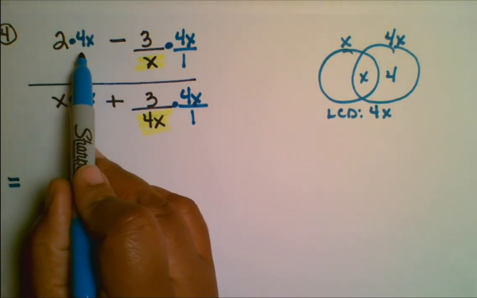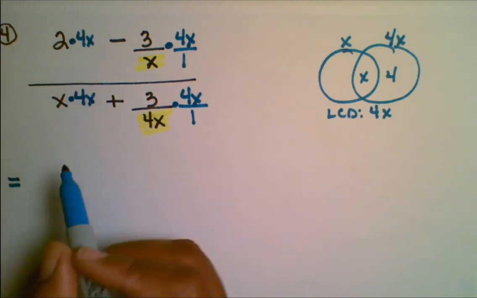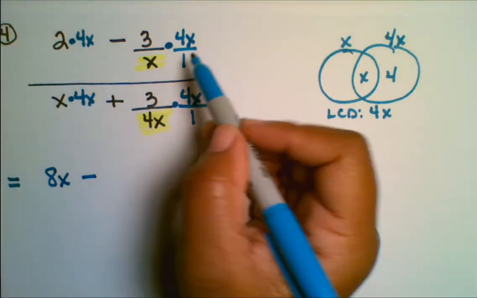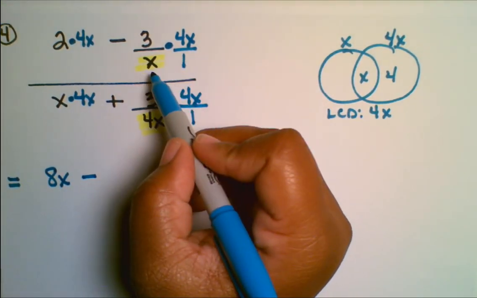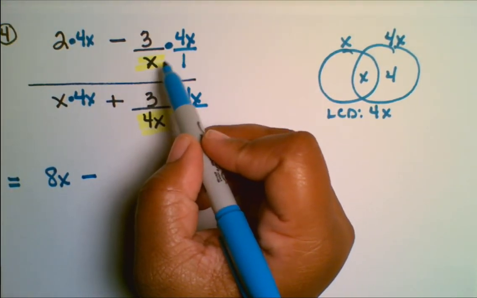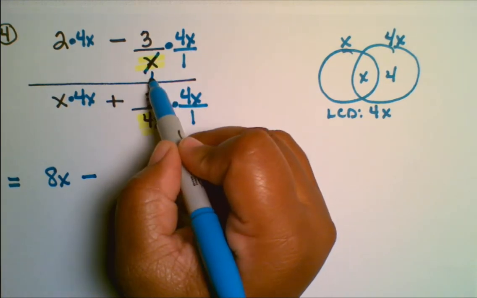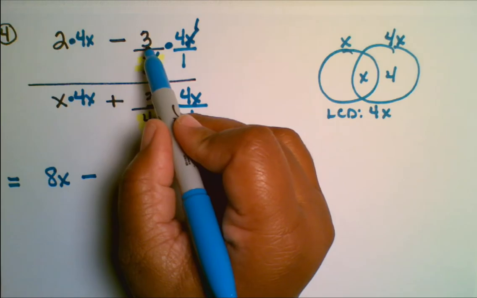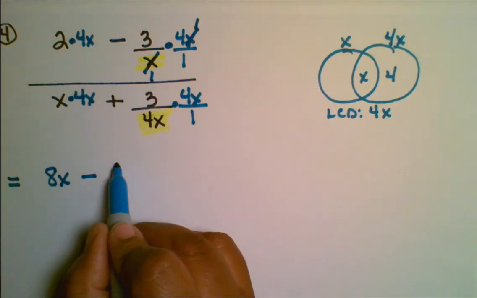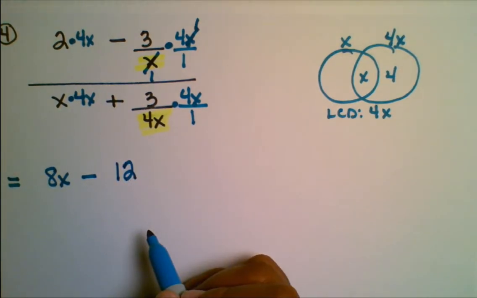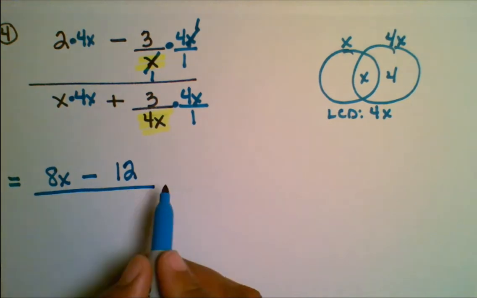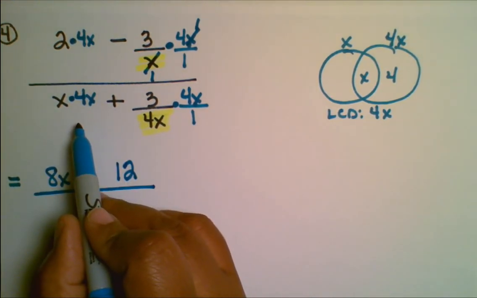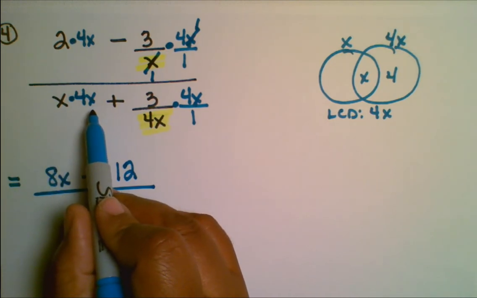So 2 times the 4x, we have 8x minus, now what's going to happen here? Look at your denominator of x. We're going to divide it into the LCD, so the x's are going to divide out, and we're left with 4 times 3, which gives us 12, all over, let's look at our denominator, first term, x times 4x.